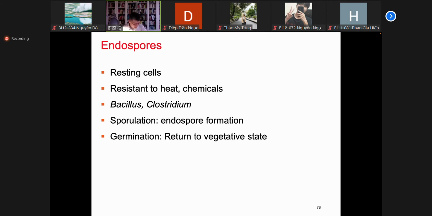Endospore. Endospore is also a very important structure. And this one was discovered in the late 1800s by Ferdinand Kohn.